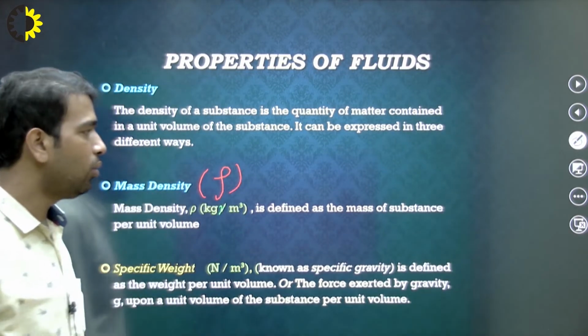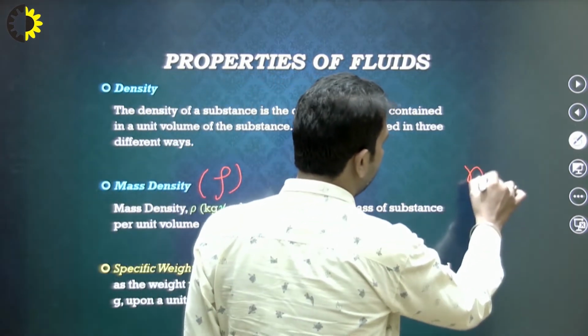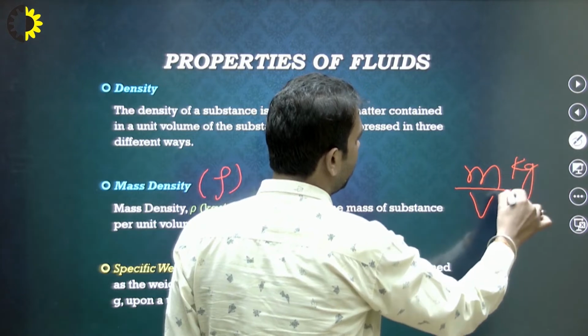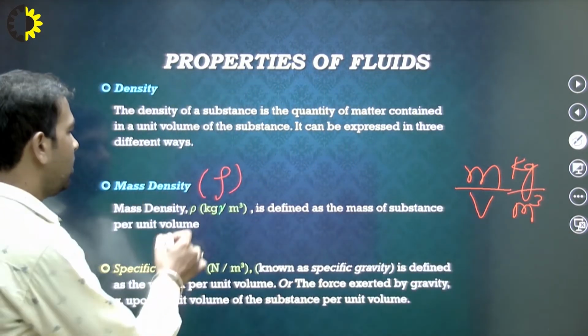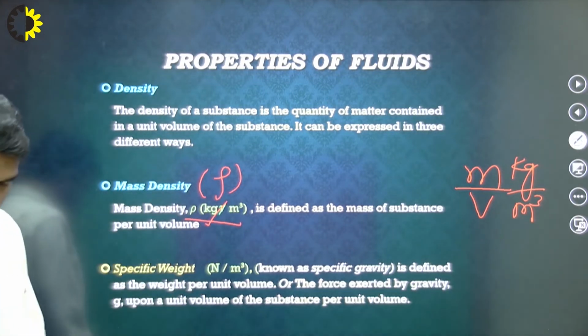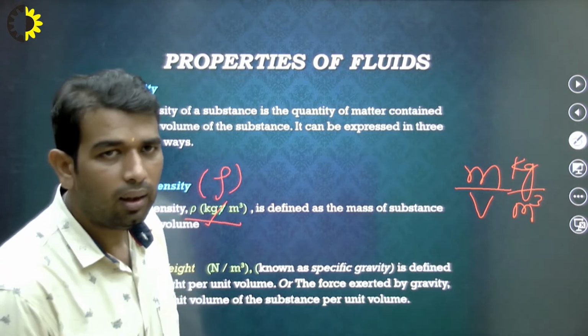And the unit is mass per unit volume. The unit of mass is kg and the unit of volume is meter cube. So the unit of mass density is kg per meter cube, and we very often denote it with the Greek letter rho.